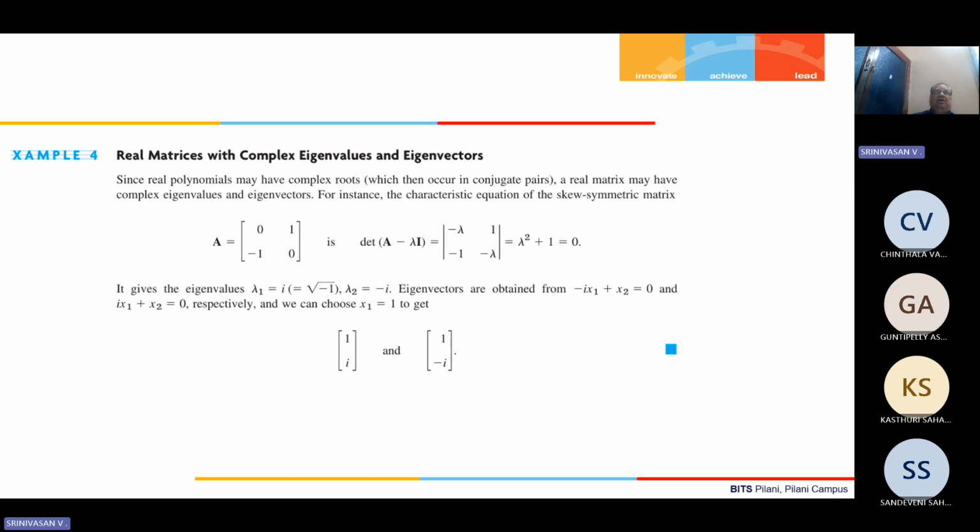Remember, real polynomials can have complex roots also. The simplest example is a real second degree equation in x, for example x squared plus 1 equal to 0. What is x squared equal to? -1. What is x equal to? When x squared plus 1 equal to 0, you must get two values of x. What are they? Can anyone say immediately?